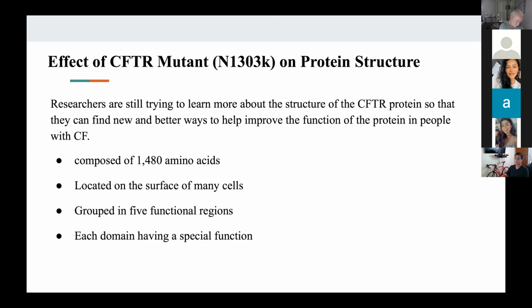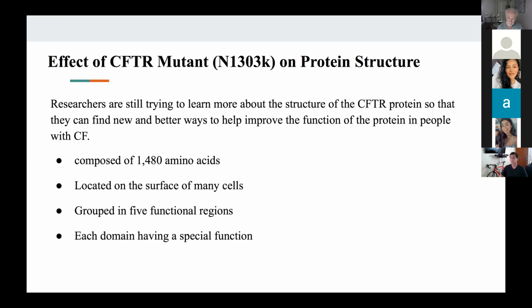The CFTR protein contains a single chain of amino acids that are grouped in 5 functional regions called domains: 2 transmembrane domains, 2 cytoplasmic nucleotide binding domains, and a regulatory domain make up the CFTR. Each domain has a special function when it comes to transporting chloride through the cell surface.